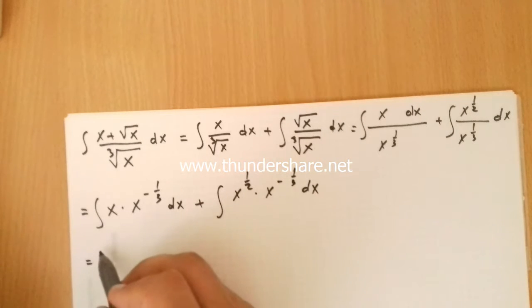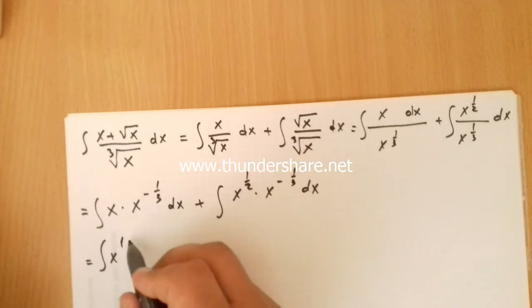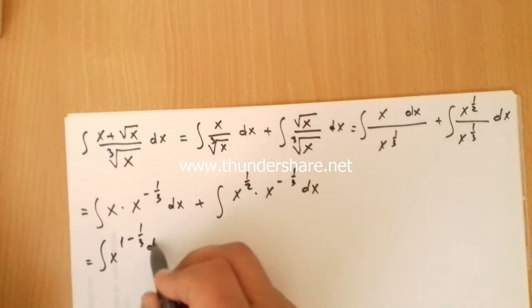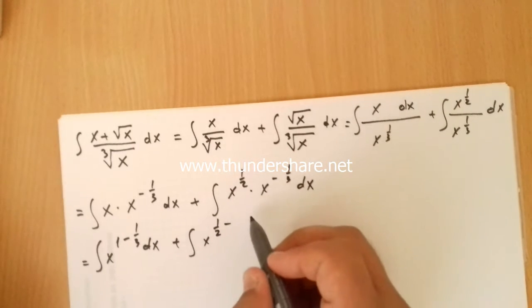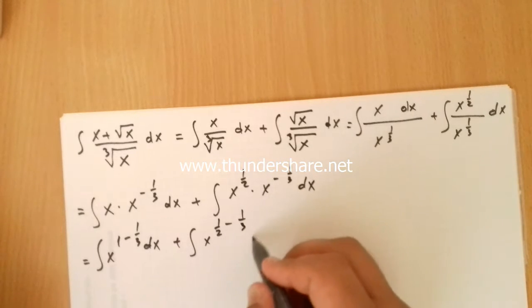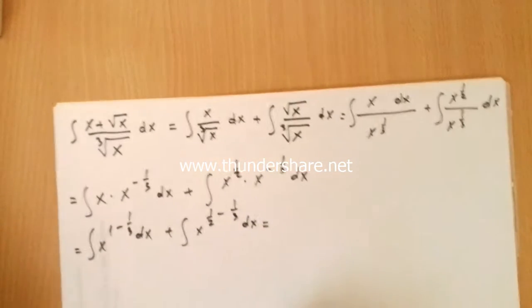This is equal to x to the 1 minus 1 over 3 dx plus x to the 1 over 2 minus 1 over 3 dx.